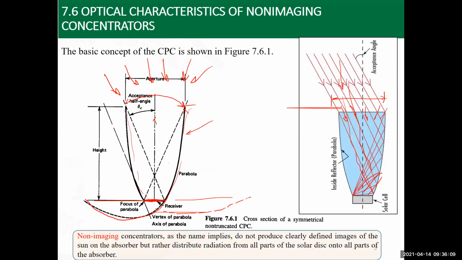What we mean here is, back again, this is the angle between this axis of the CPC and the line that extends from the edge of this receiver, passing by the focal point, into the upper edge of the collector. So this angle between this line and the center line is basically the acceptance half angle.